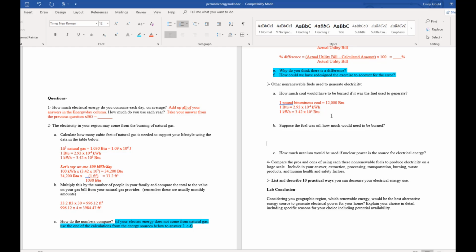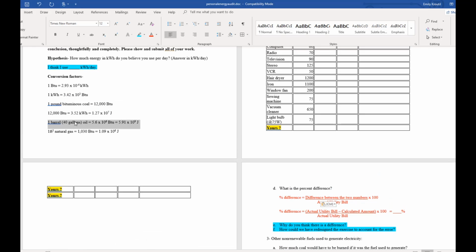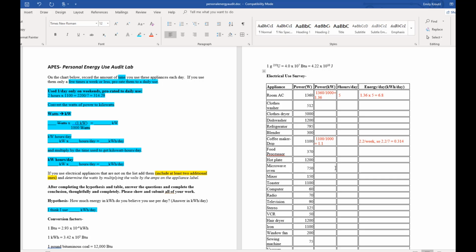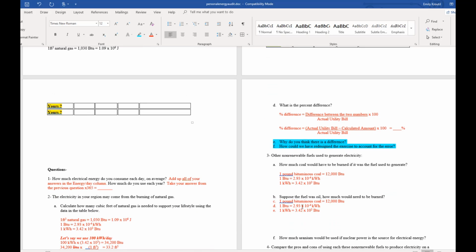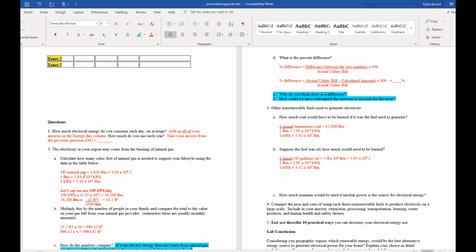If the fuel was oil, so just a hint, regardless of what, right, you're still going to have to calculate everything. Okay, so the students that try and get out of it because they say, oh, I don't have that kind of, that's not how my electricity is generated. You're still going to have to do that, right? So if you use coal, oil, natural gas, whatever, you'll do that one first, and then you'll just do the other three here.